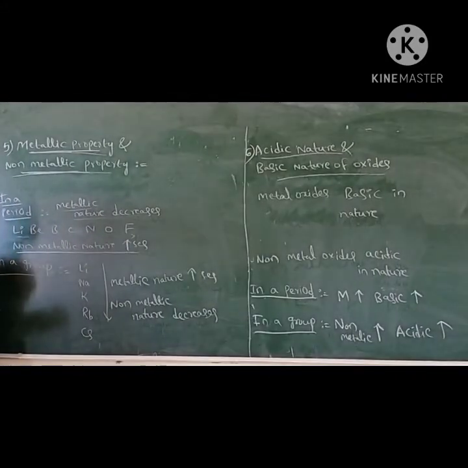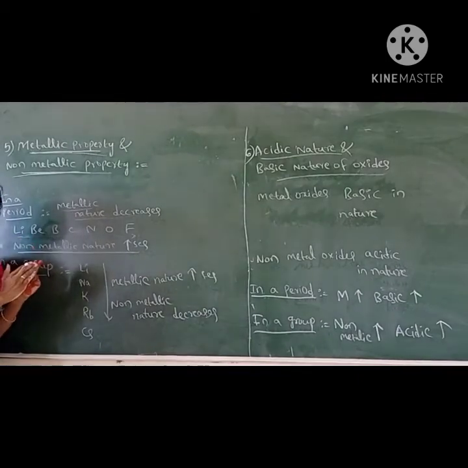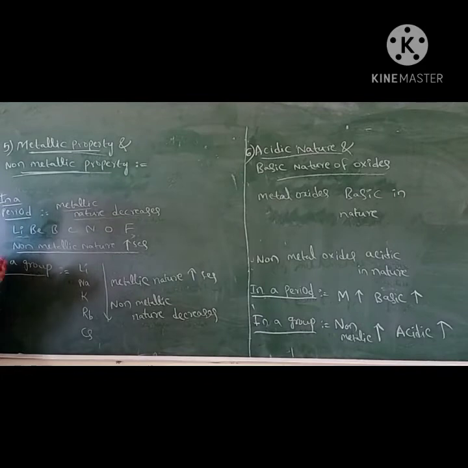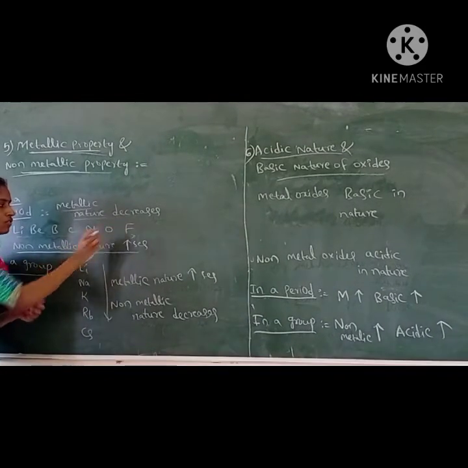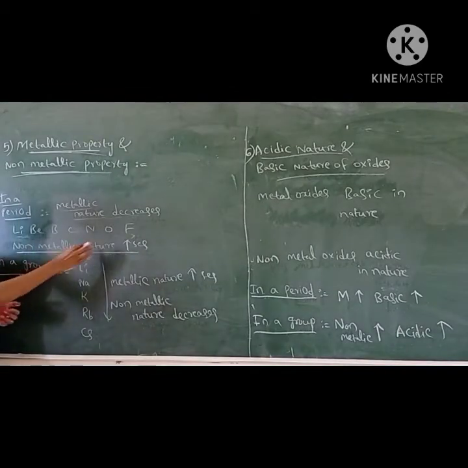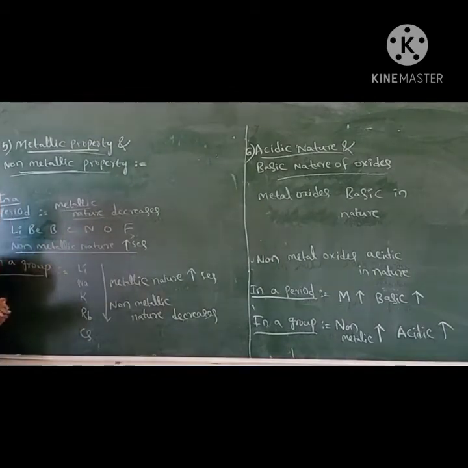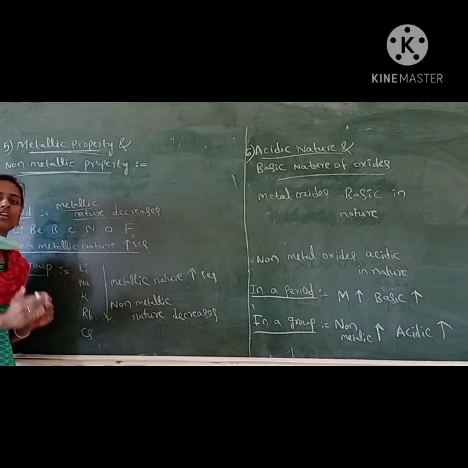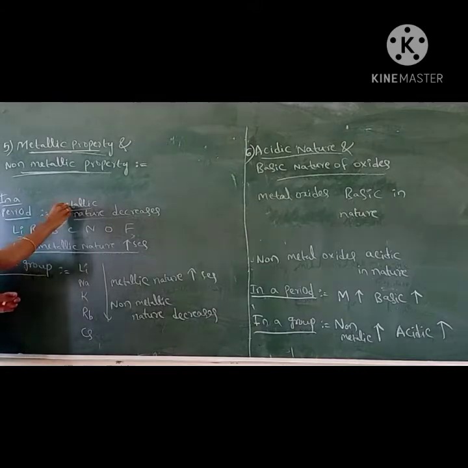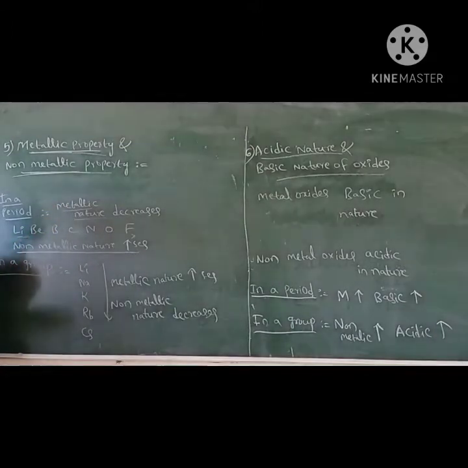Non-metallic nature increases due to decreased size and increased attraction over valence electrons. So fluorine, the halogens, will have high non-metallic property. These are all non-metals; the right side of the periodic table is non-metals and the left side is metals. So this is the metallic and non-metallic nature in periods.